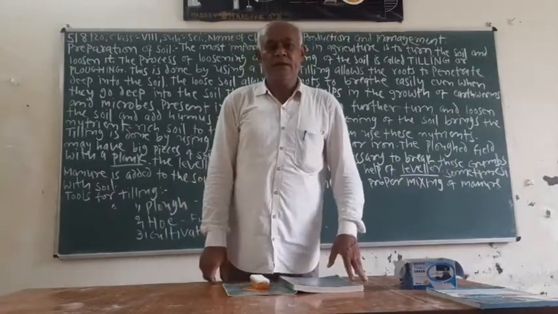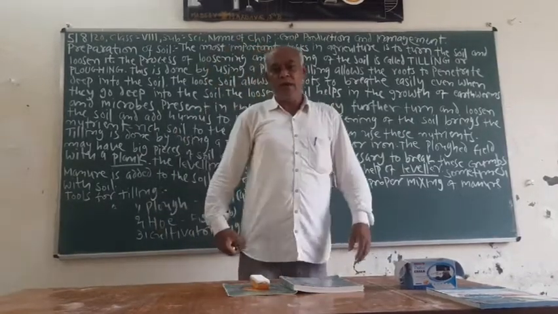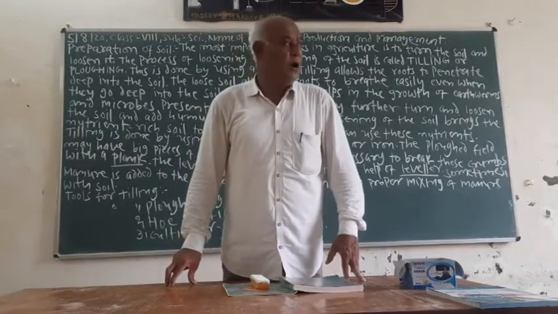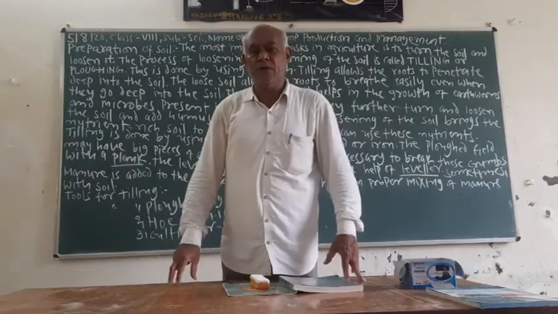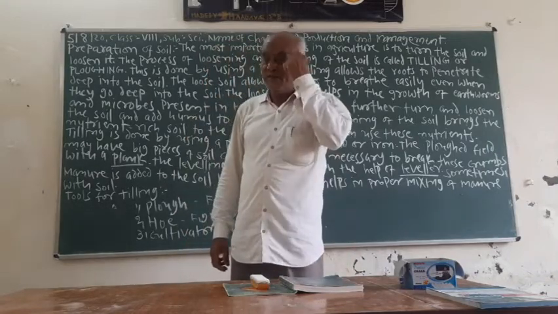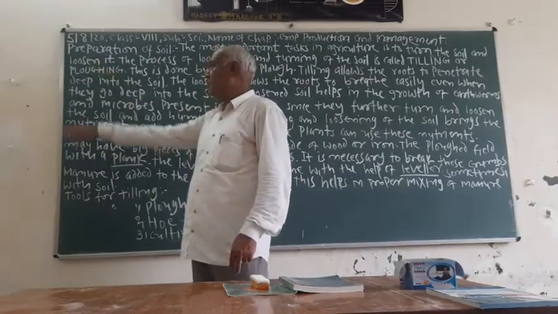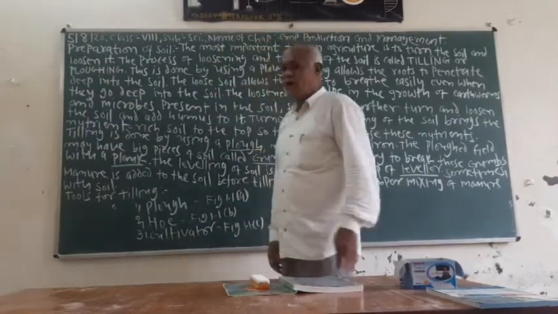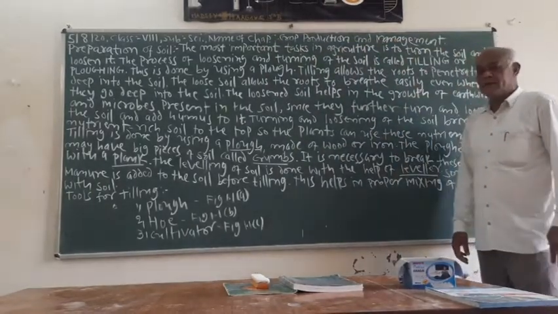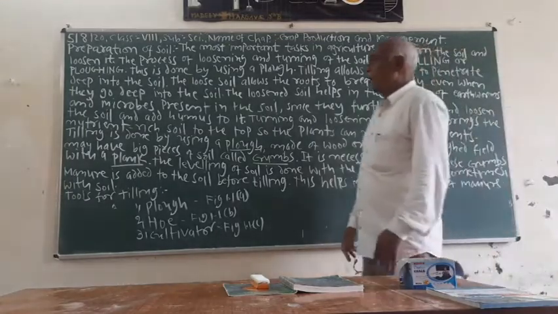It means the hard rock-like soil is broken into small particles of soil, which is meant to say that we loosen the soil. So, the most important task in agriculture is to turn the soil and loosen it.